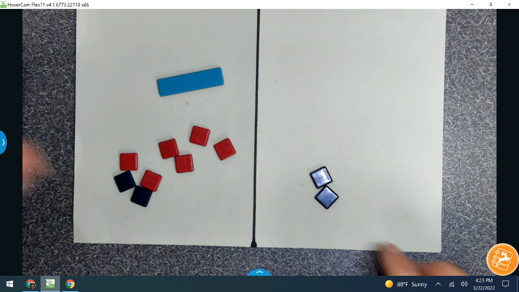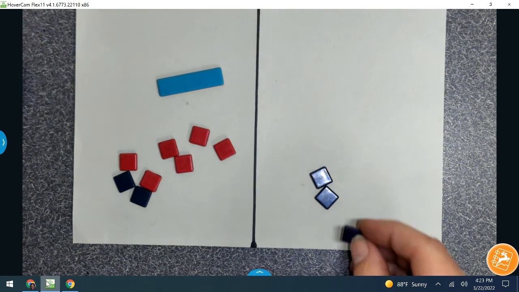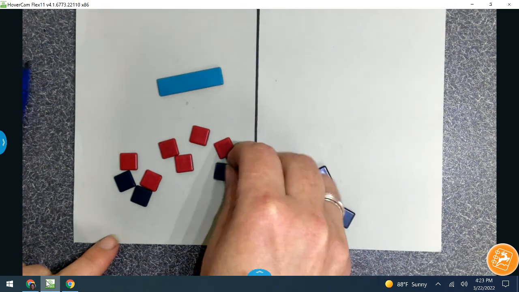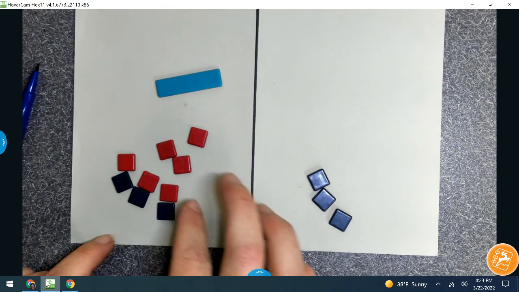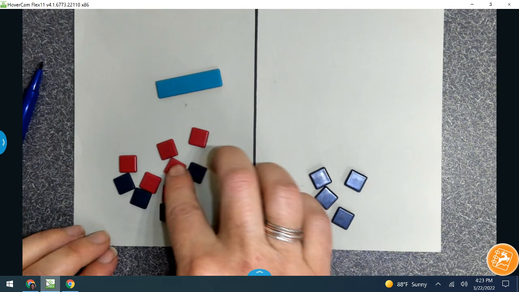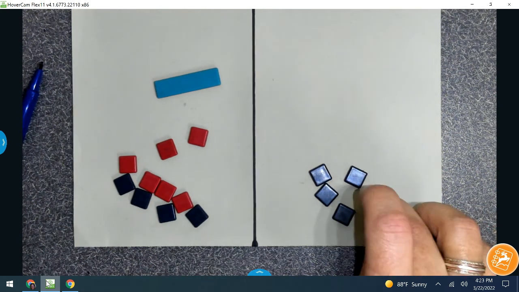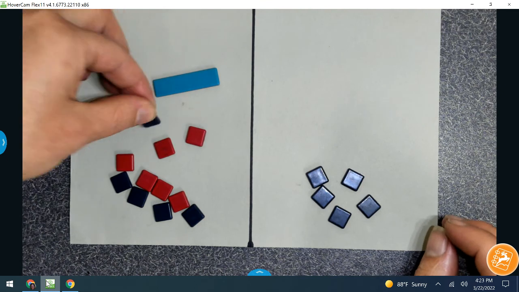So I'm trying to make 0 pairs. Hopefully you're kind of catching on to what I'm doing here. So I can add 1 here and I can add 1 here. I can add 1 here and add 1 there. I can add 1 here and 1 there.